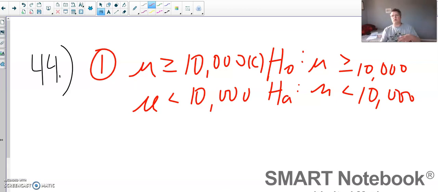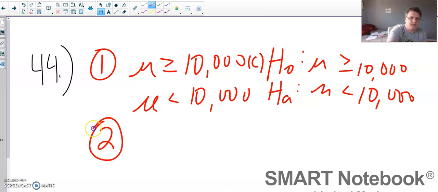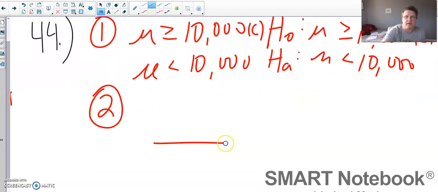Now, these steps I show you, I have to see these exact steps. If you don't have them on the hand-in assignment, that's how you lose points. So make sure that you have everything exactly the way I have it. You have to have the hypotheses right there for step number 1. Step number 2, again, here's your claim up here. So we have a left tail test, finally.